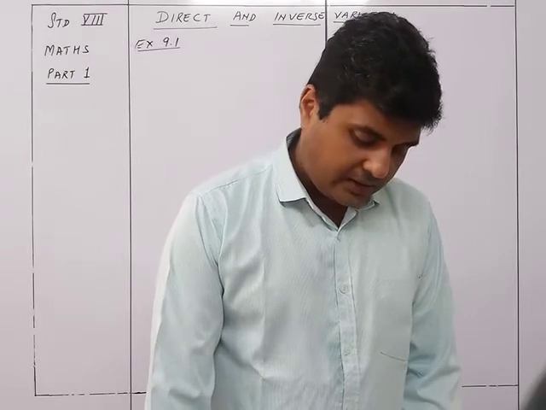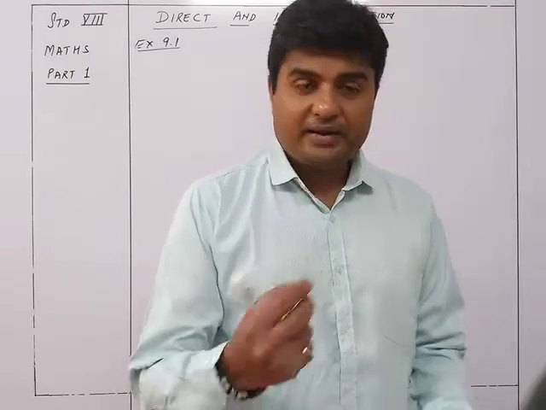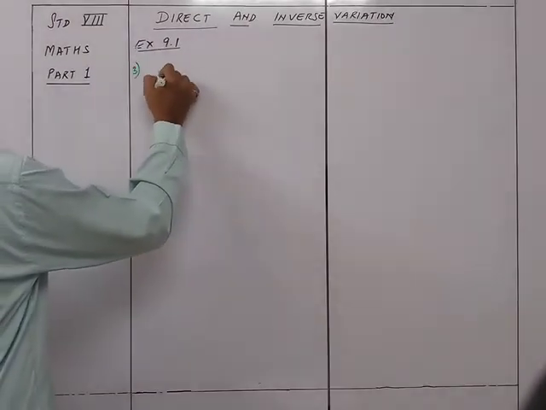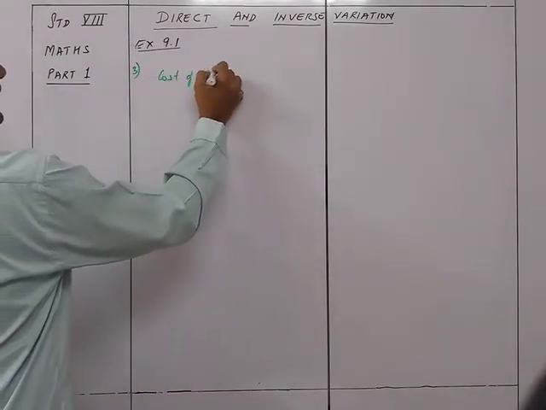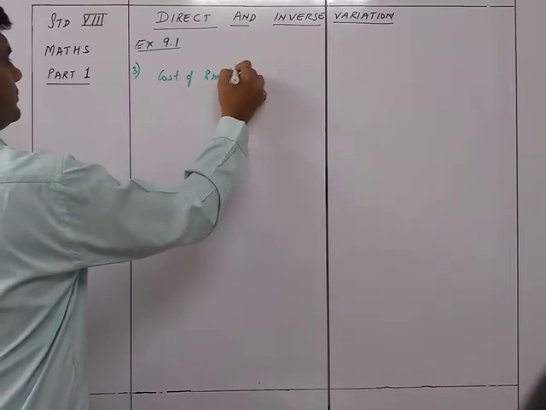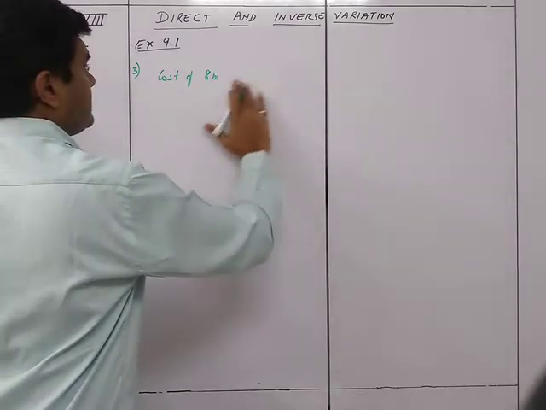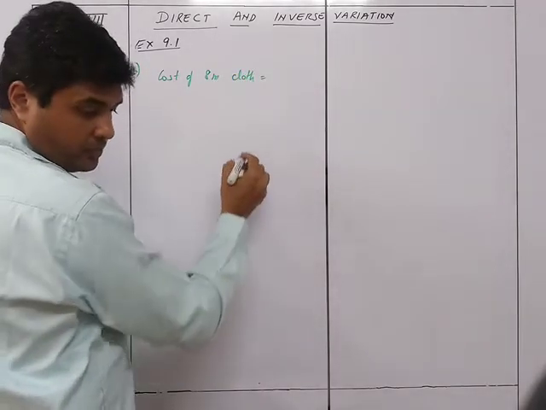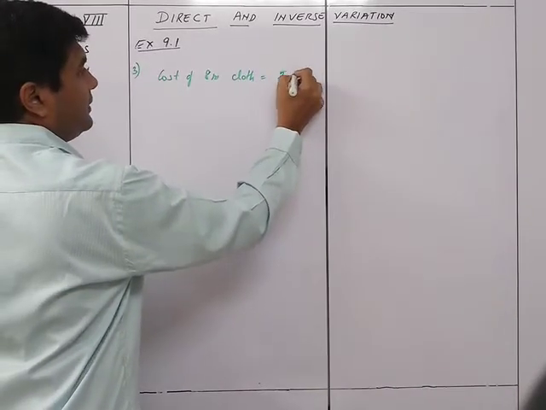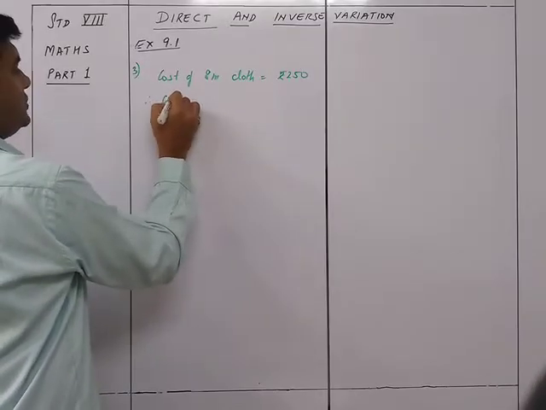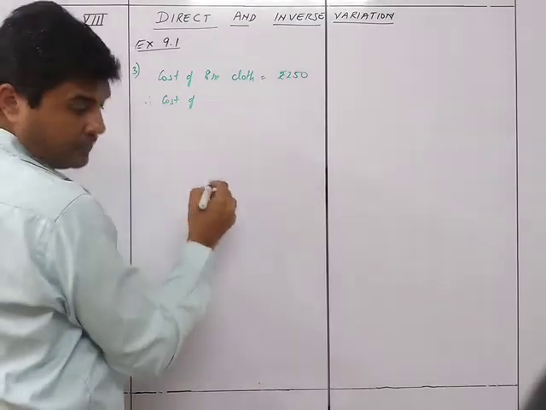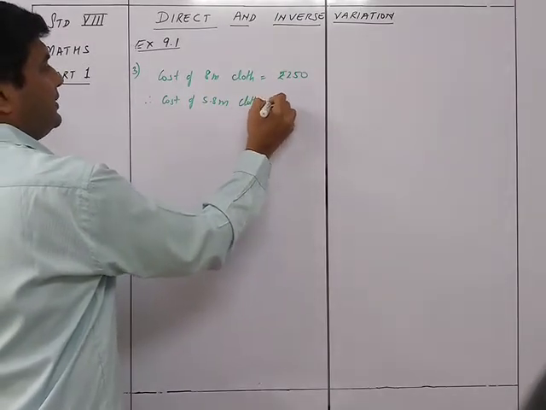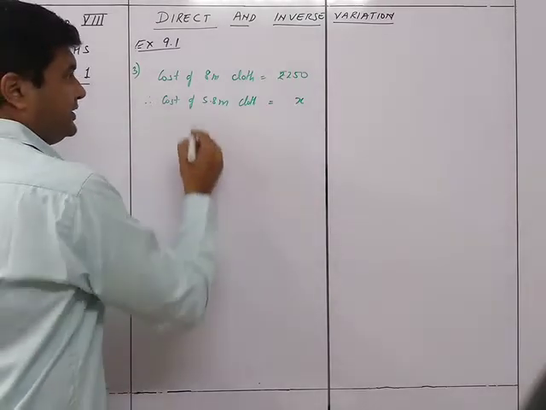We'll write it in statement form. Cost of 8-meter cloth is equal to rupees 250. Therefore, cost of 5.8 meter cloth is equal to X.